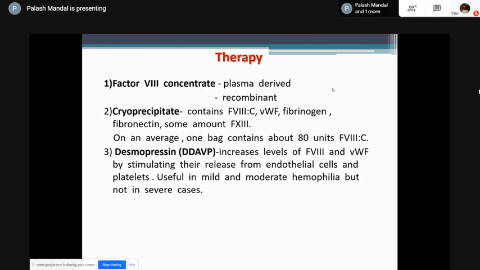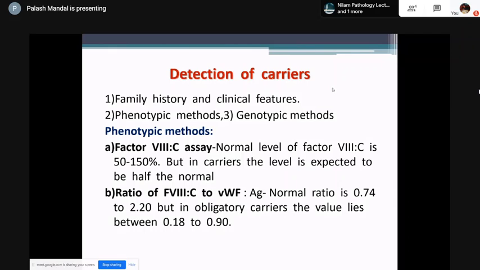Basically we have to see the factor 8 level. So factor 8C assay is important, and the normal level of factor 8C, which I have told, is about 50 to 150%, but in carriers the level is expected to be half that of normal, and there is a ratio of factor 8C to 1 milligram factor, the antigen.